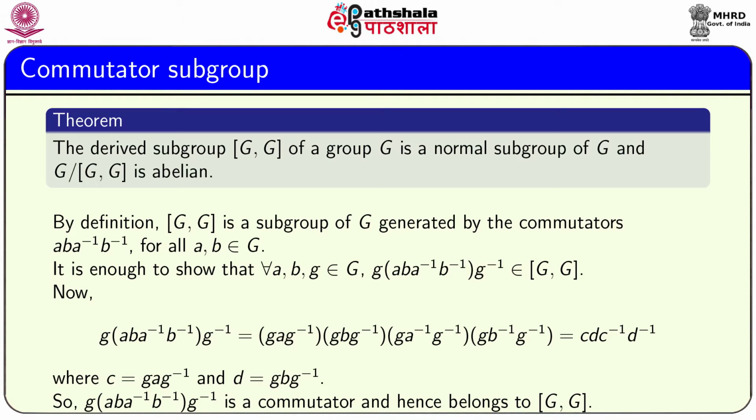As we know that g inverse times g is always the identity element, so that will not affect the element g a b a inverse b inverse g inverse, and so we have this expression: g a b a inverse b inverse g inverse is of the form c d c inverse d inverse, where c is equal to g a g inverse and d is equal to g b g inverse. Therefore, this particular element is inside the commutator subgroup [G, G], proving that it is normal.